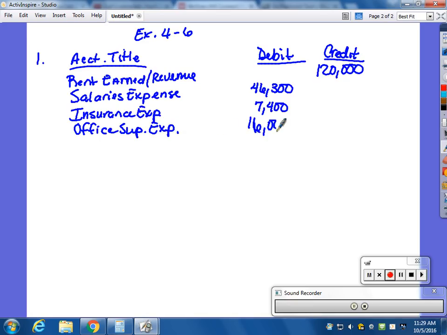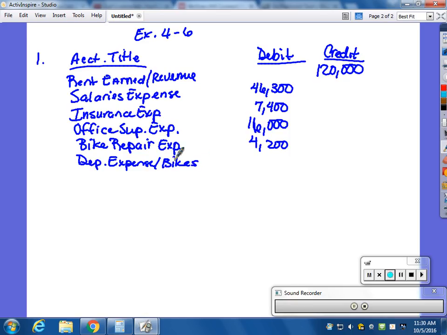Okay. Bike repairs. Debit for $4,000. Okay, next. Depreciation. Okay, $20,000.